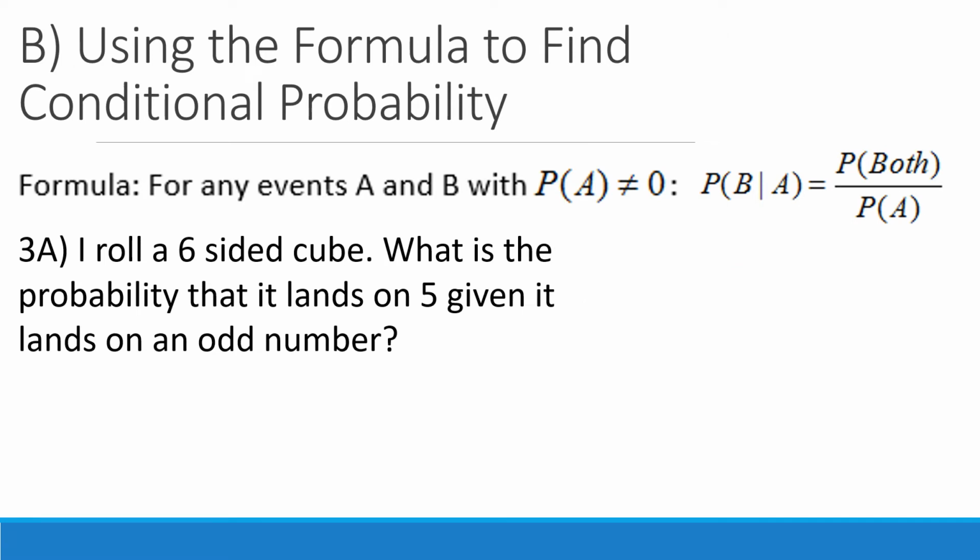Using the formula to find conditional probability. Our formula is for any events A and B with the probability of A not equaling 0. The probability of B, given that A already happened, is the probability of both over the probability of A. And I want you to make sure you write this down.